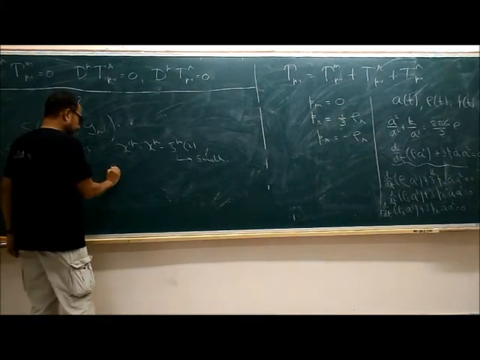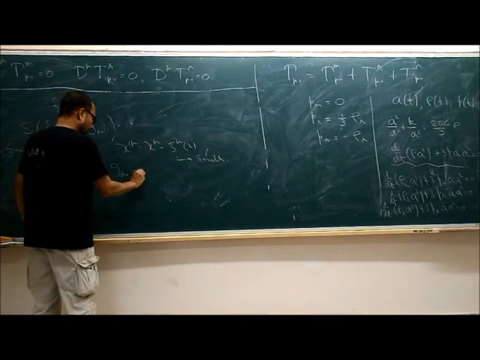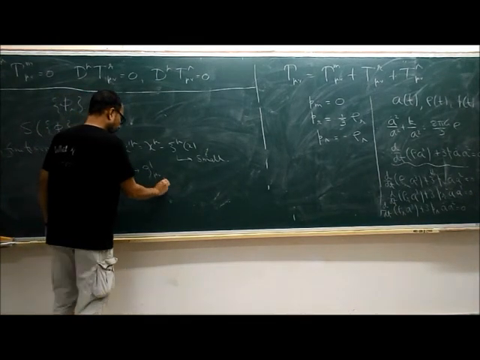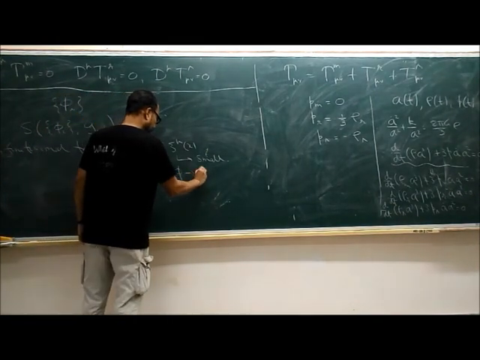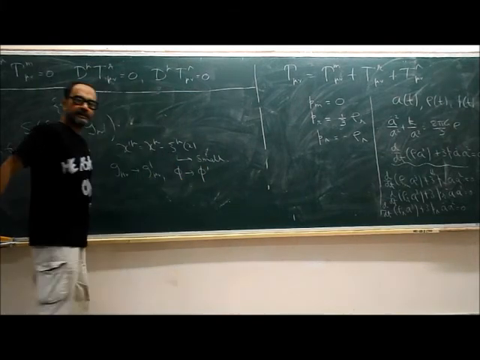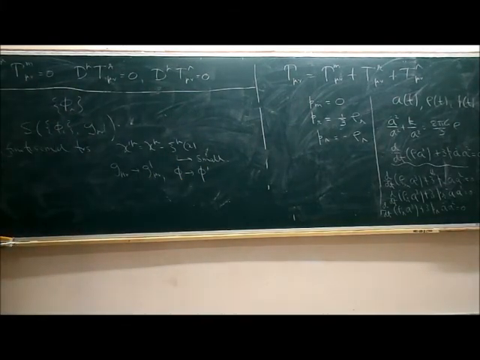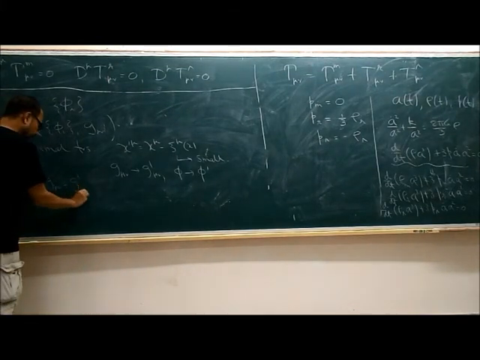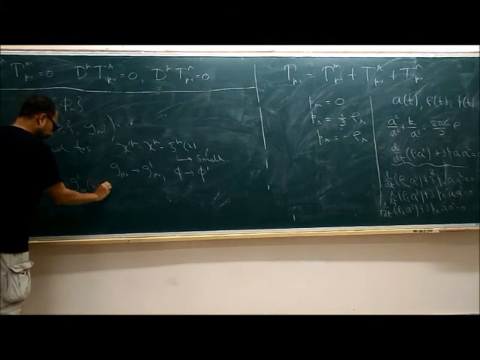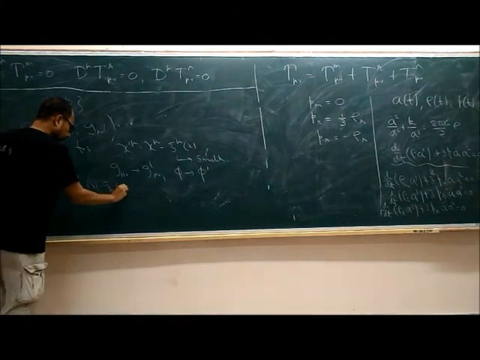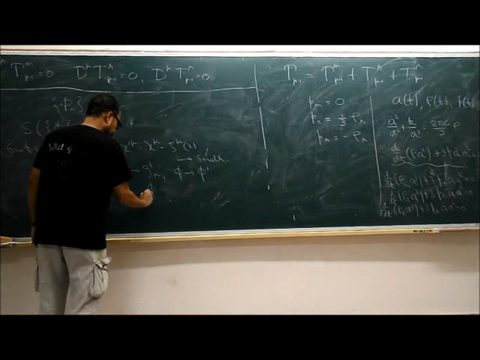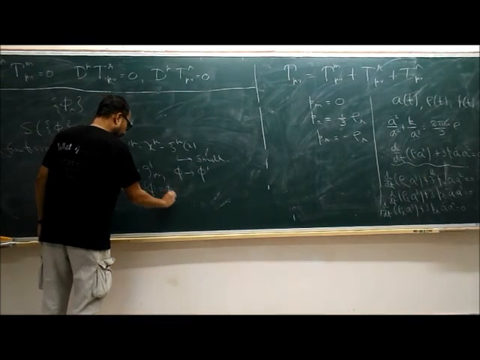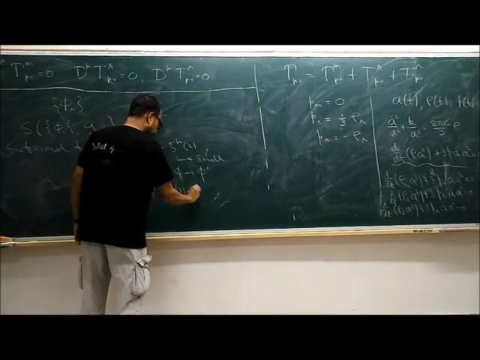Under this, g mu nu goes to g prime mu nu and phi will go to phi prime, depending on how it transforms. And we will define delta g mu nu as g prime mu nu of x minus g mu nu of x, and delta phi as phi prime of x minus phi of x.